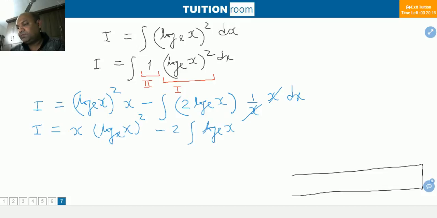Okay guys, this cancels. Now we can simplify the expression: x into log base e x whole square, minus 2 times x into log base e x, minus minus plus 2 integration of dx will be x, plus some constant c. And this will be our answer.